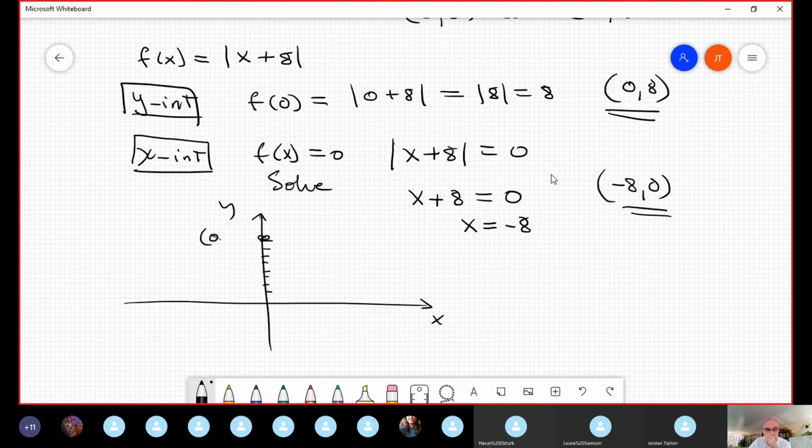And this is -8. 1, 2, 3, 4, 5, 6, 7, 8. -8, 0. The function looks like a V. Absolute value looks like a V.